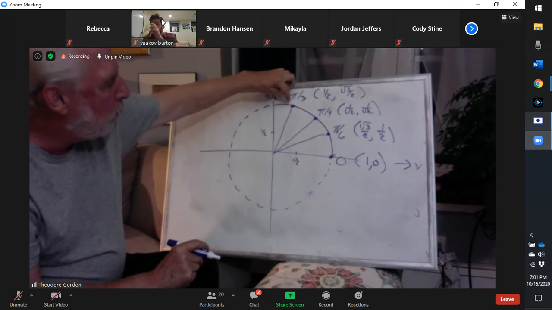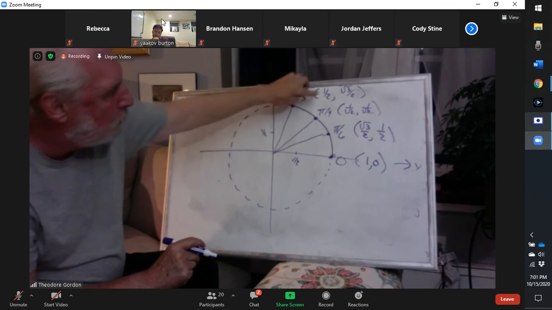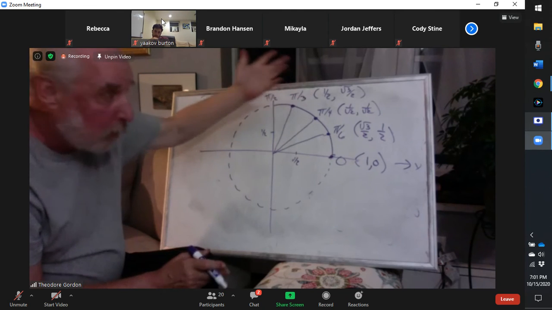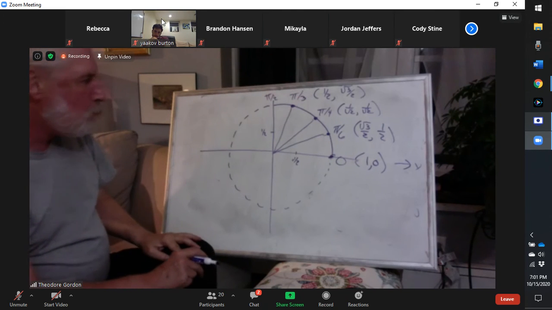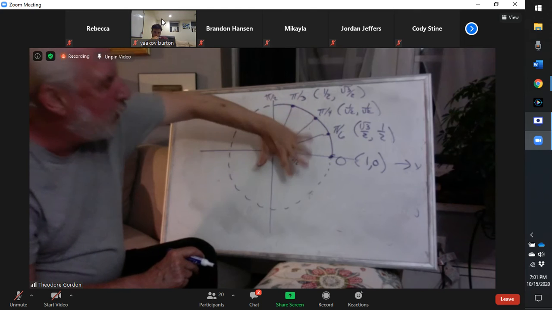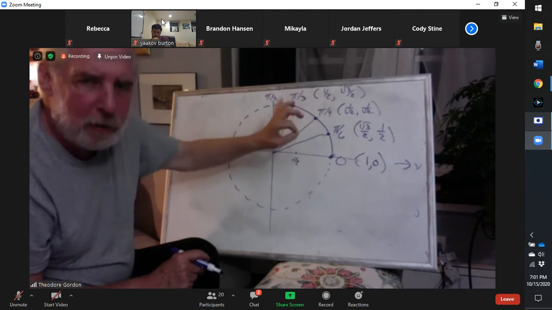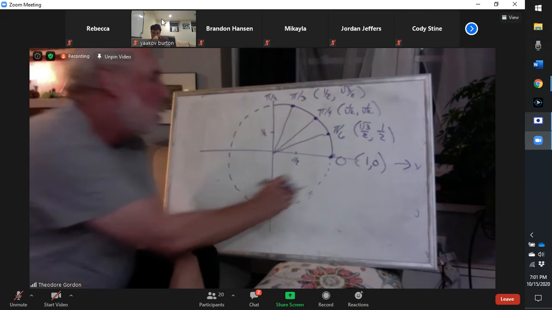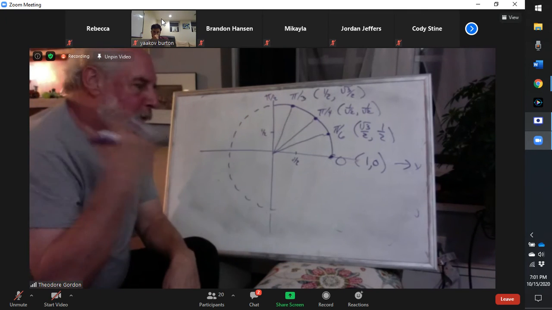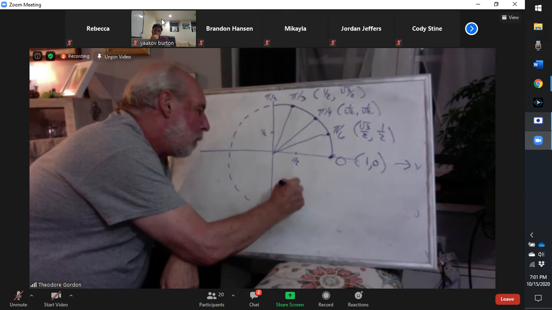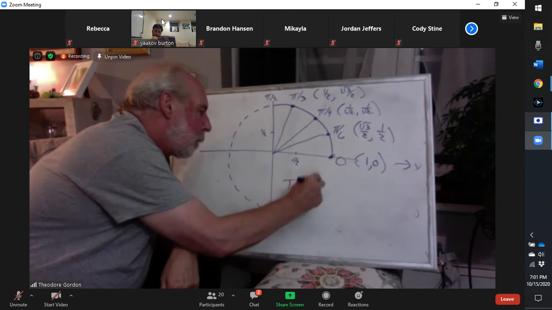For pi over 3, you're directly over x equals 1/2, and that goes there. So it's just a way to remember it. And then as these translate around the circle, these values stay the same and just the positive and negative signs change. So for the problem we just had, we need the tangent of pi over 3.